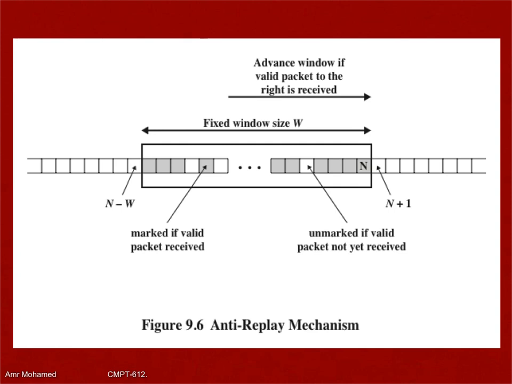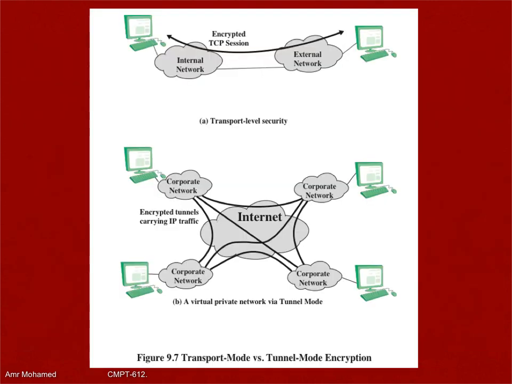Also, because of the fact that IP is unreliable, we cannot use simply sequence numbers for replay attacks, in which case we talked about this window mechanism to try to provide a mechanism specially designed for IPsec, working over IP, and due to the feature of IP being unreliable and connectionless. So again, there's nothing new here.